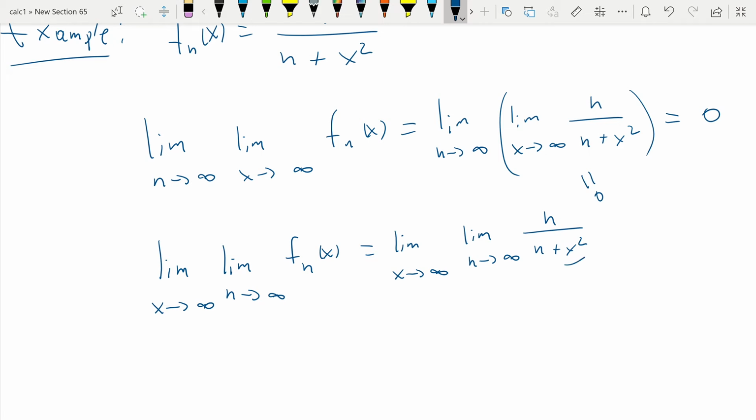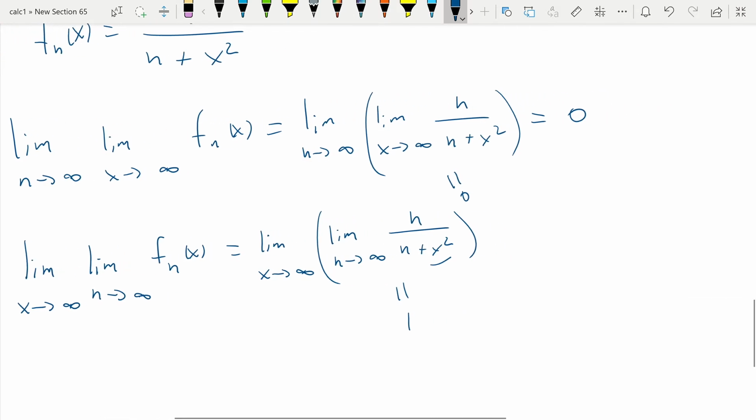Here x is fixed. You can treat this expression as a polynomial of degree 1 over a polynomial of degree 1. The coefficients are the same and the degrees are the same. And so what is this limit? This is actually 1. And so what is the limit of 1 as x approaches infinity? This is just 1.